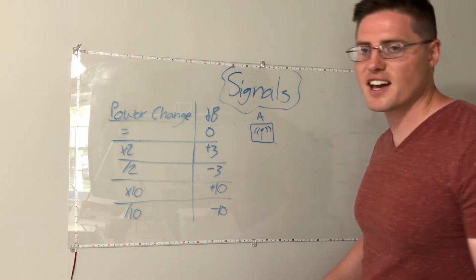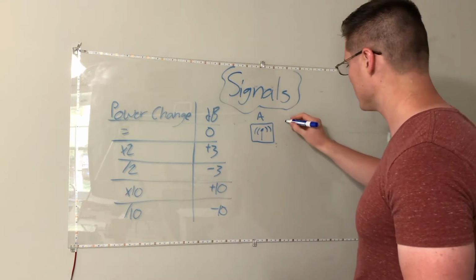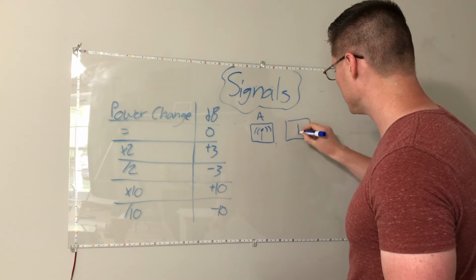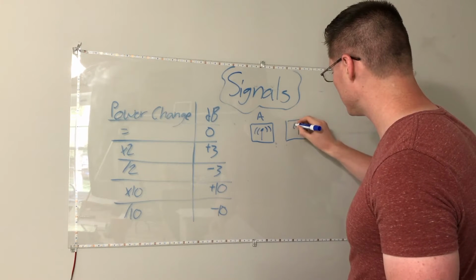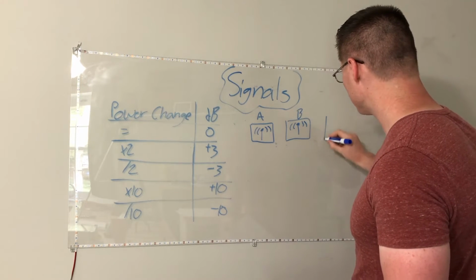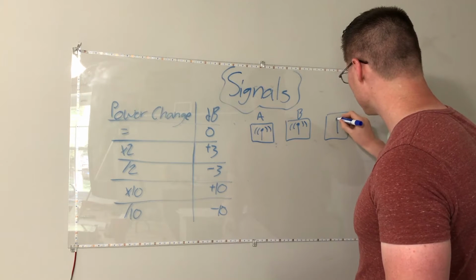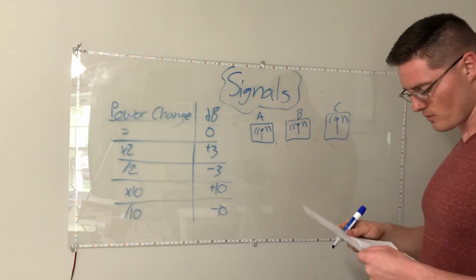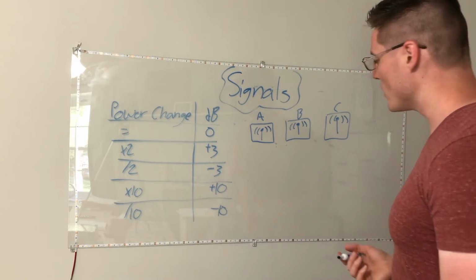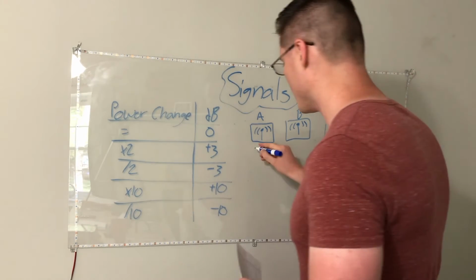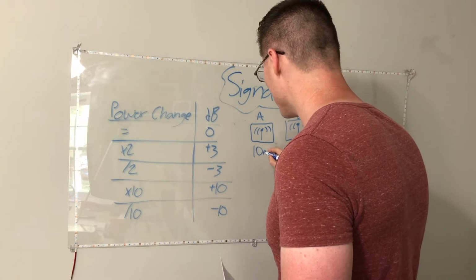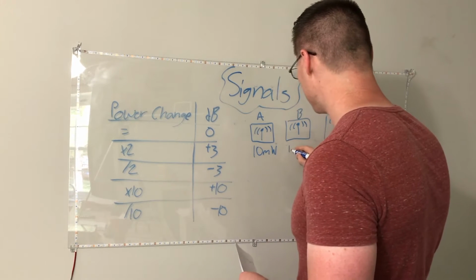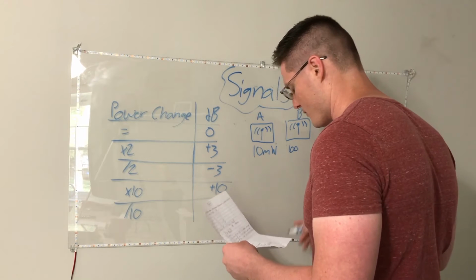What this is saying is that's antenna A. Antenna B. And antenna C. So in this scenario, I just picked random numbers. You can pick any number you want for these different antennas.